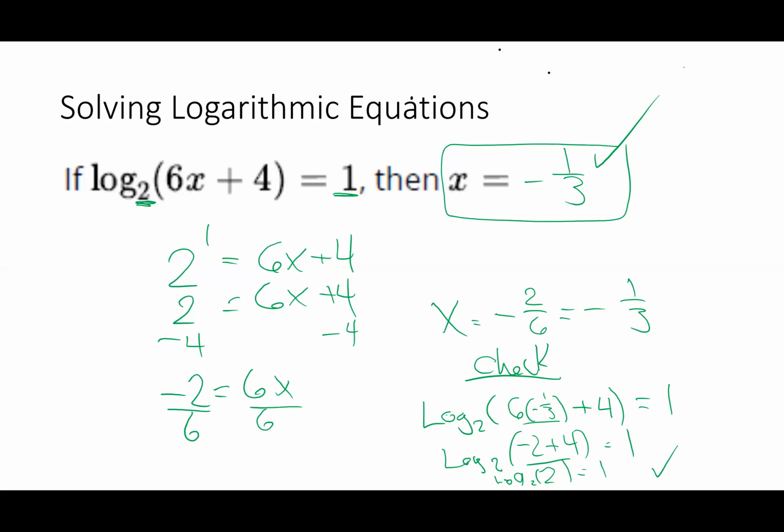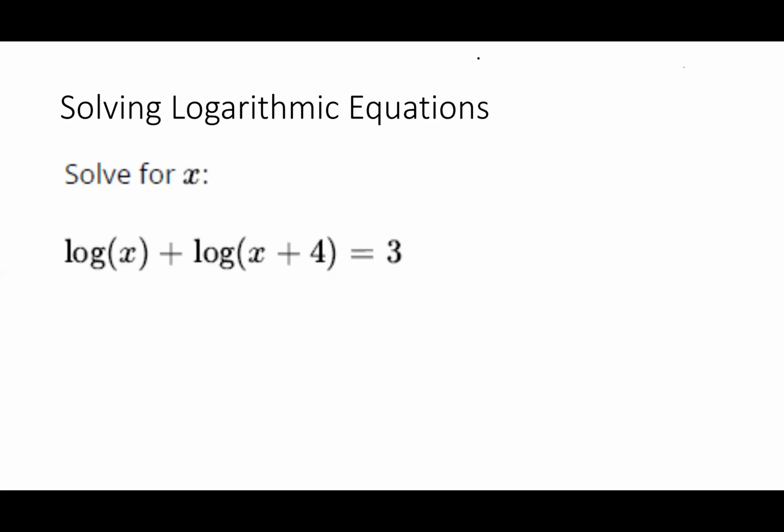Now, in this problem, we want to solve for x. So, in order to solve this, what we're going to have to do is use a log property that you all know and love, and then we're going to use a lot of algebra to work this out. I'm going to give you a second to try this one on your own.